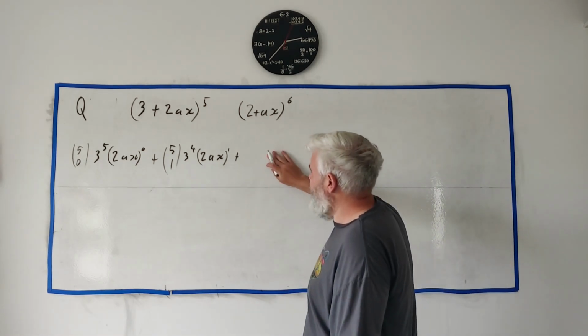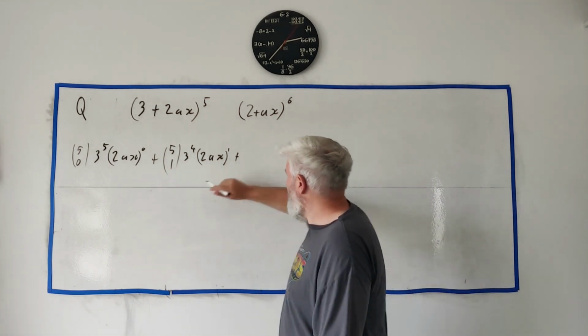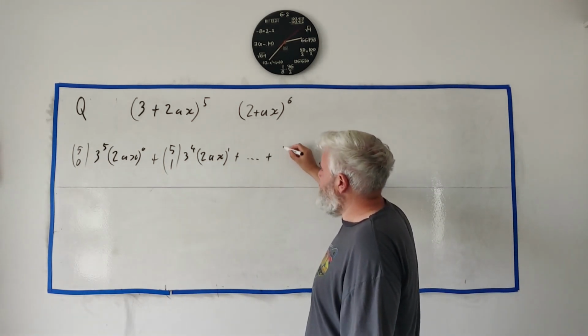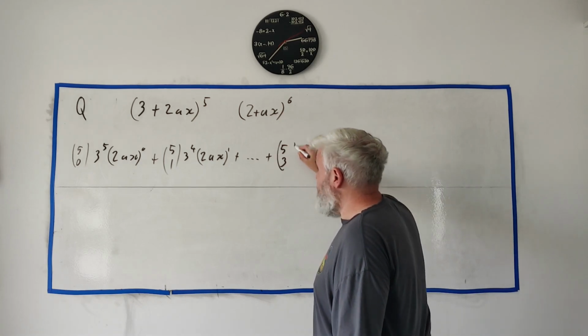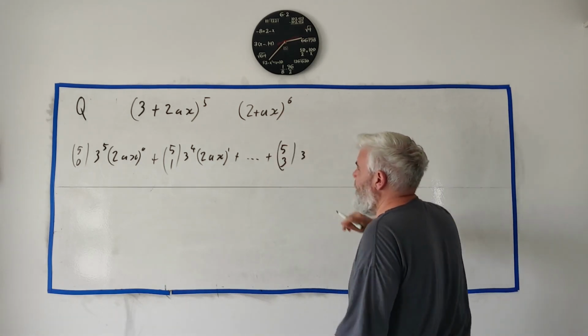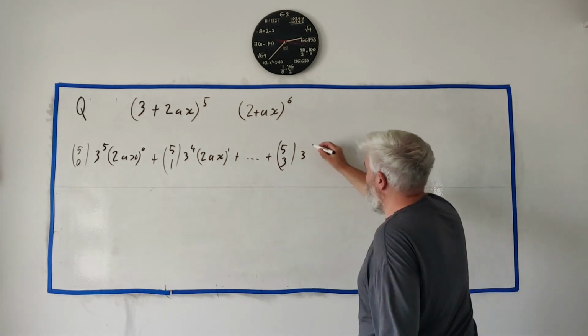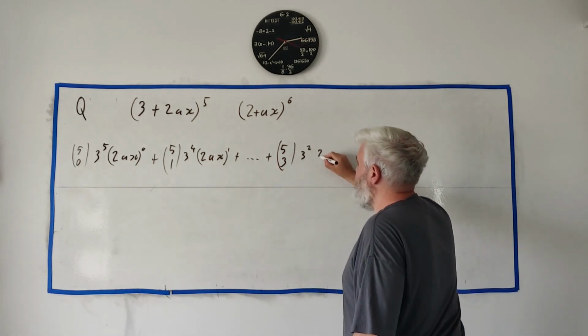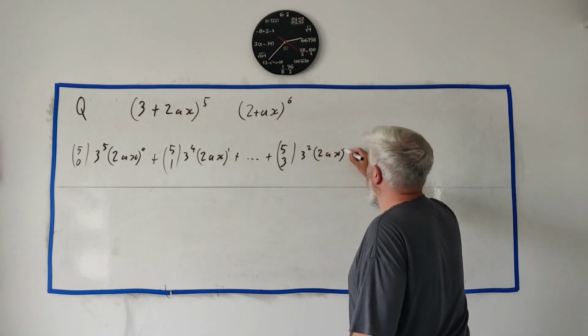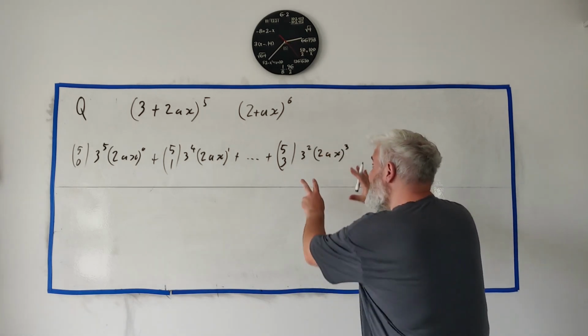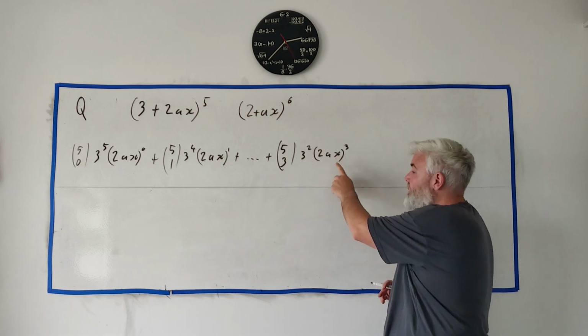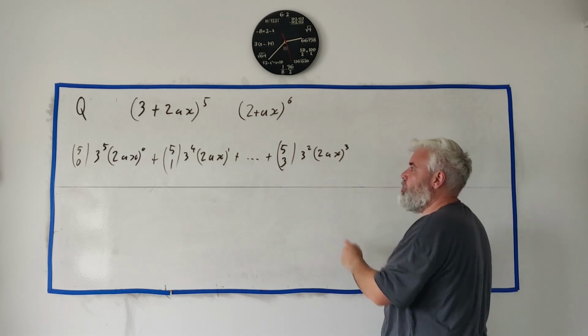Let's skip all the way down to the third one. Following this logic on, put a few dots here, 5 choose 3, 3 to the power of 5 minus 3, so 3 to the power of 2, and then 2ax to the power of 3. This is the term they're interested in. This is the only term that will give us x to the power of 3.